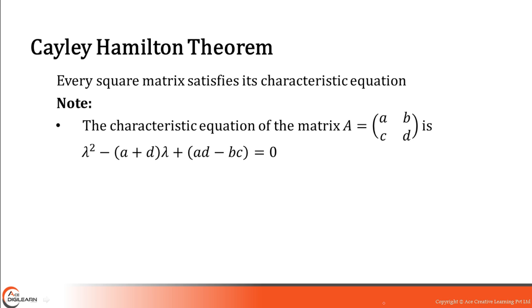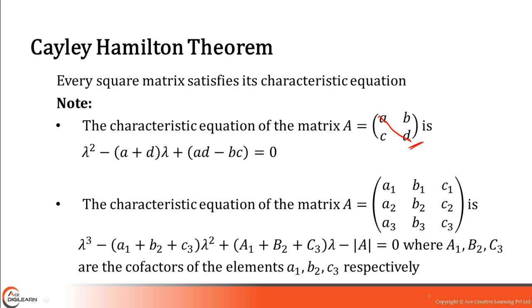Let us remember the characteristic equation of a 2 by 2 matrix A, B, C, D, which is λ square minus sum of the elements of the principal diagonal into λ plus det A, which is AD minus BC, equals 0. In a similar way, the characteristic equation of a matrix of order 3 by 3 is λ cube minus sum of the diagonal elements into λ square plus sum of the cofactors of the diagonal elements into λ minus det A equals 0.